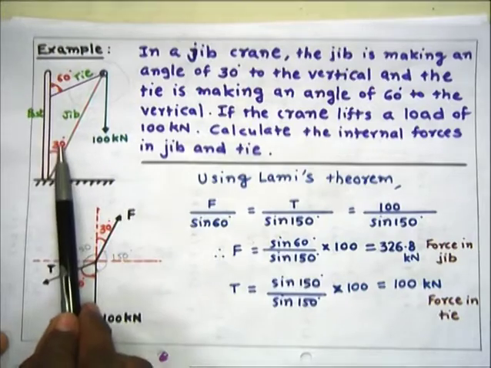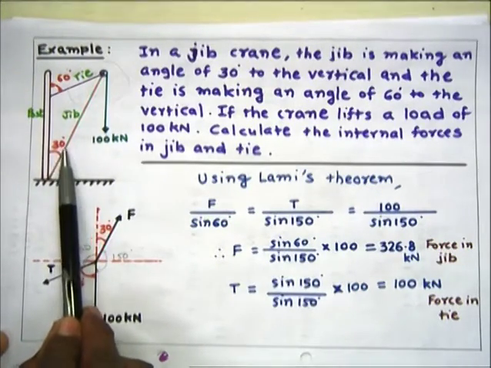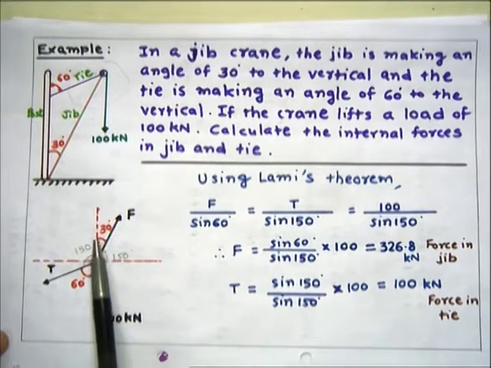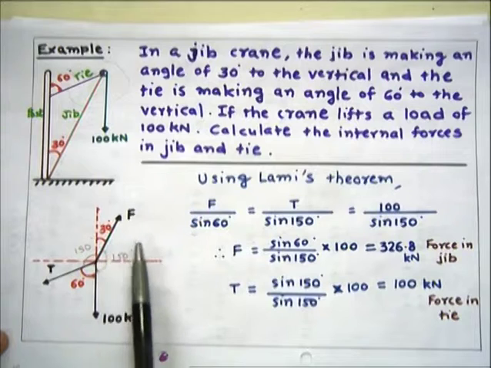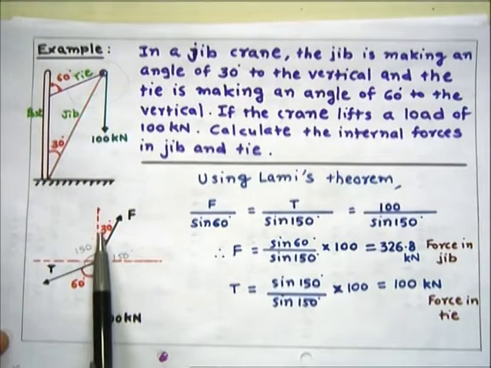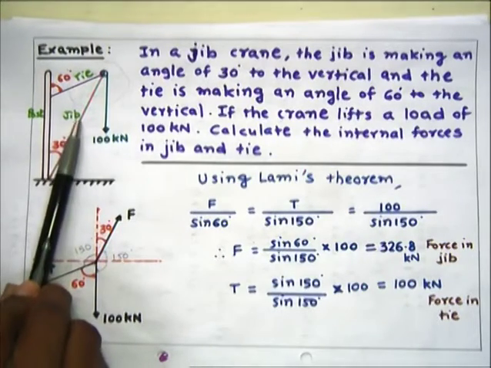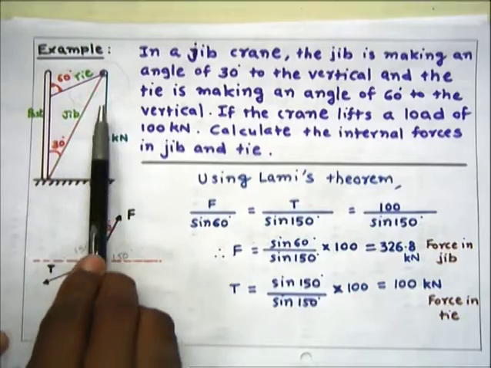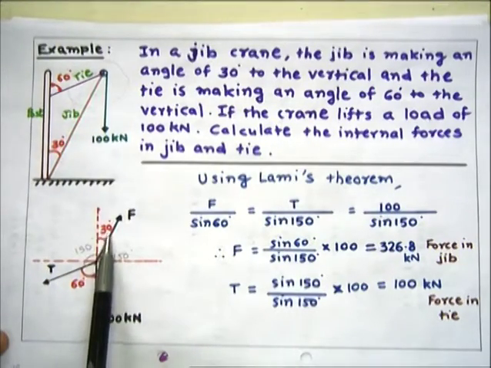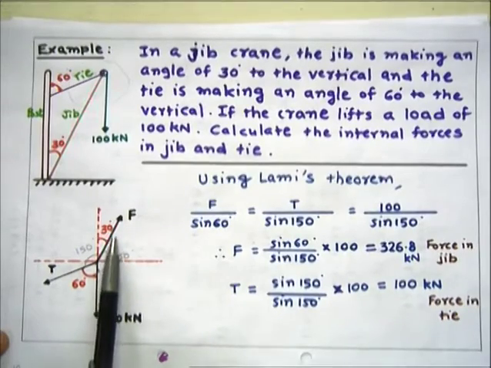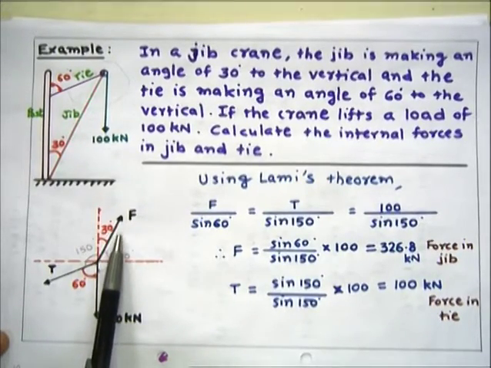This angle is 30 degrees and this angle is 60 degrees. So using geometry we can find all angles, that is, the angle between each force. So here between F and 100 kilonewton, this angle is 30 degrees because the jib is making an angle of 30 degrees with the vertical. So the remaining angle, this one, for making a linear pair, would be 150.